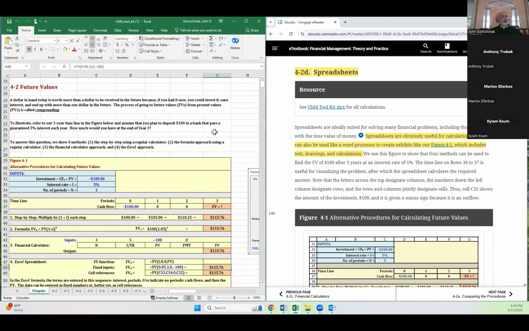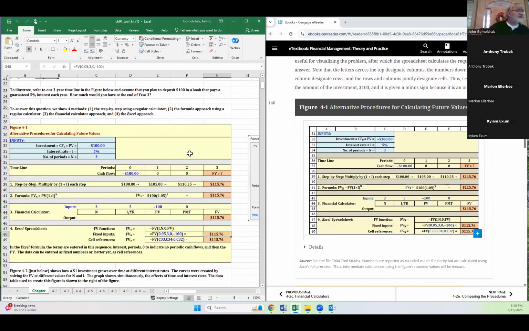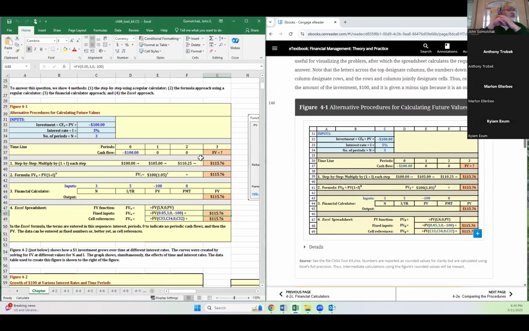So I do like the toolkit. So it is a tool that I do tend to use. All right. Anyhow, alternative procedures for calculating future values. So they actually have the same thing reproduced in both places here. Over in the toolkit and over in the textbook, it's the exact same thing.